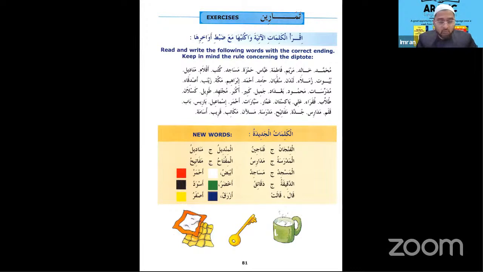Now write this example. The noun in the genitive case will not receive a kasra tanween nor a kasra.